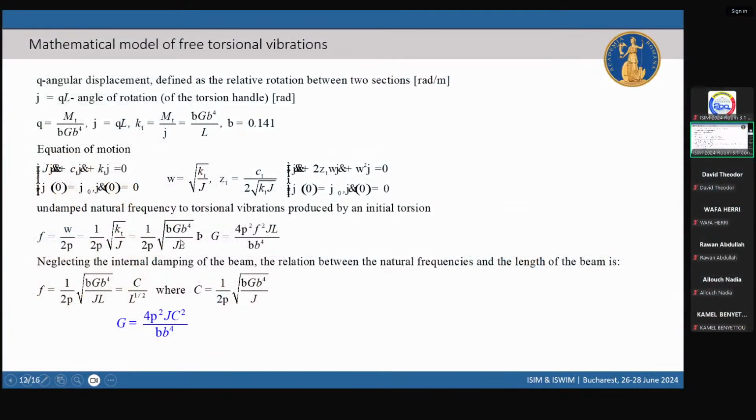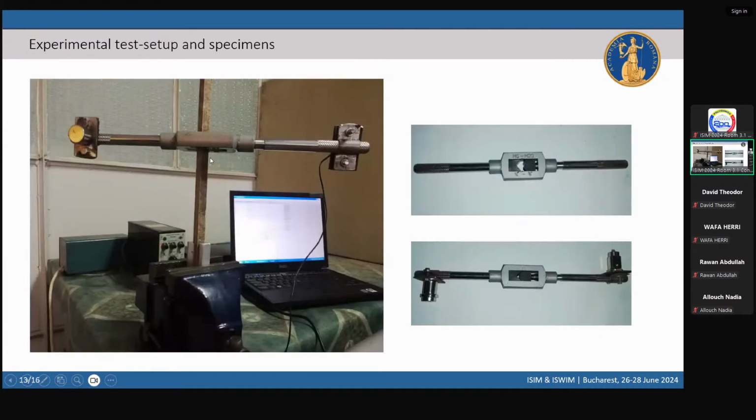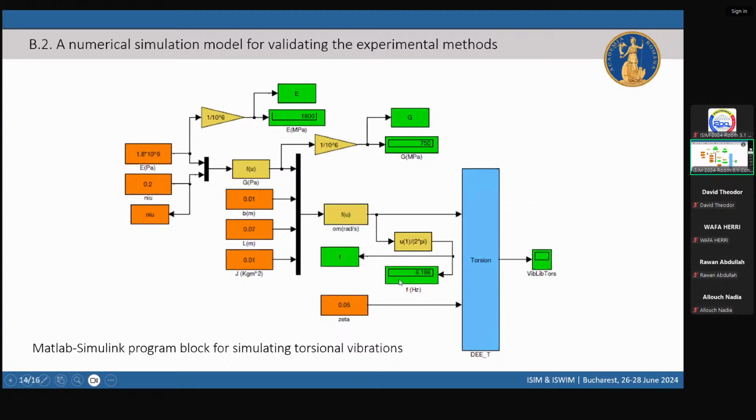The same kind of mathematical modeling, but in this case, the expression C is over L squared. So it's different. This is the experimental setup.